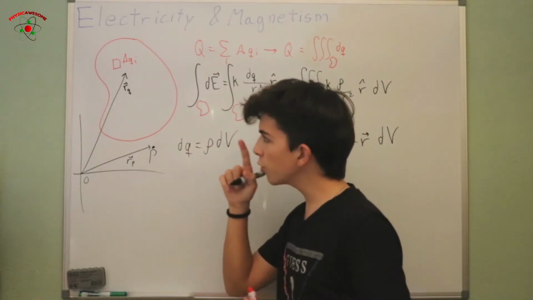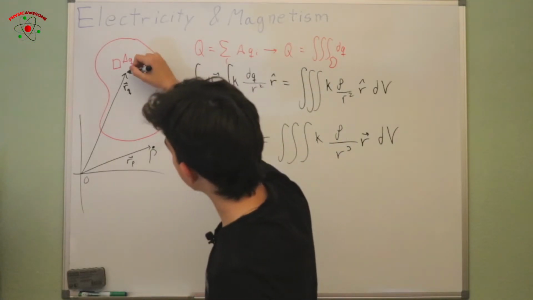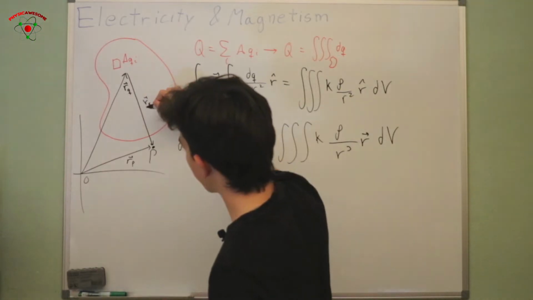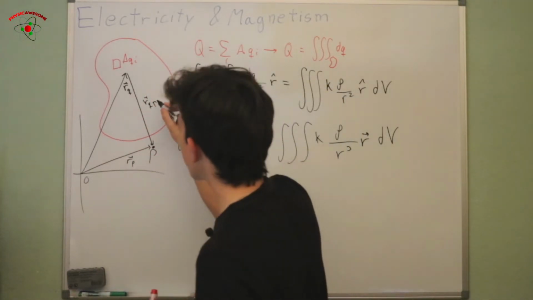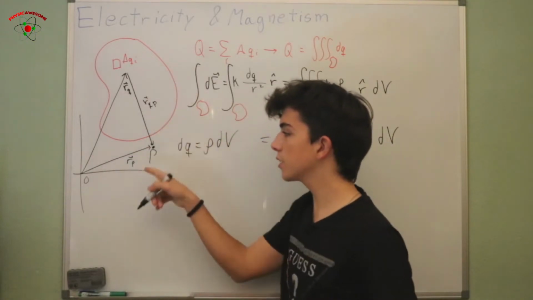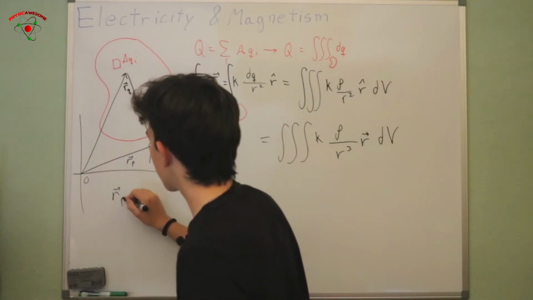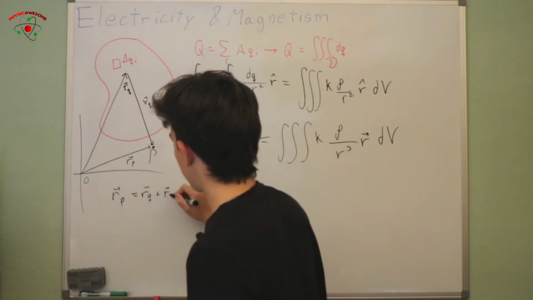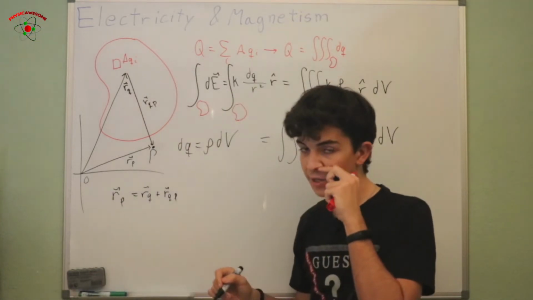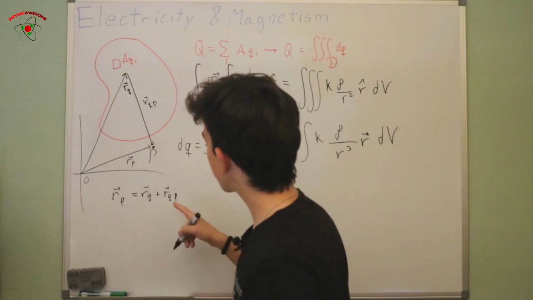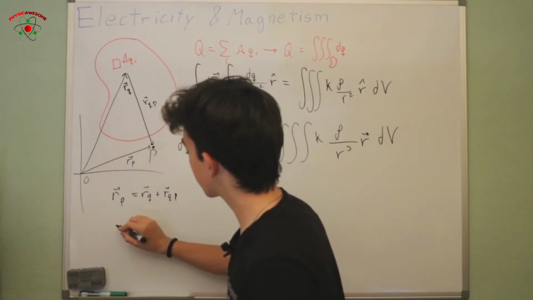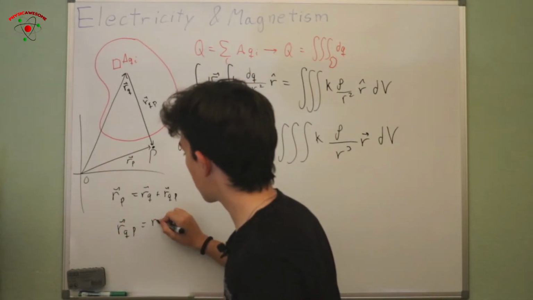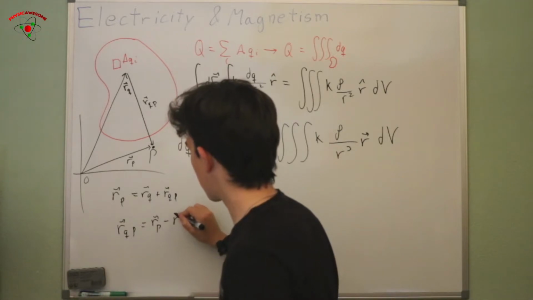So we are going to have this vector rqp, and by our vector triangle that is manifest here, we can see that rp equals rq plus rqp. Therefore, this is the important vector, so we define rqp equals rp minus rq.